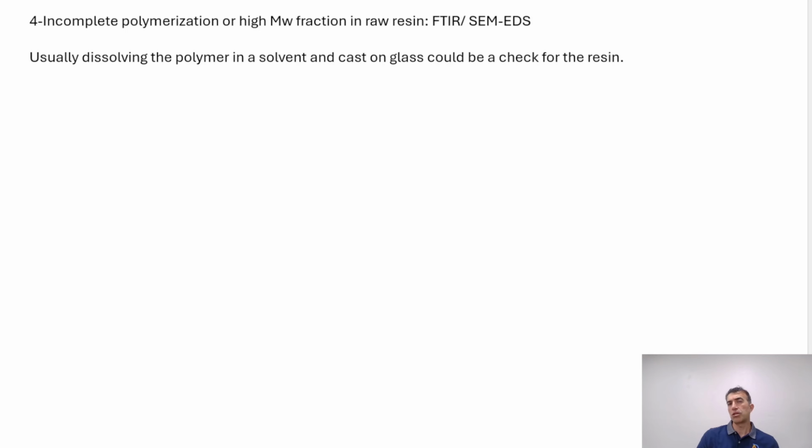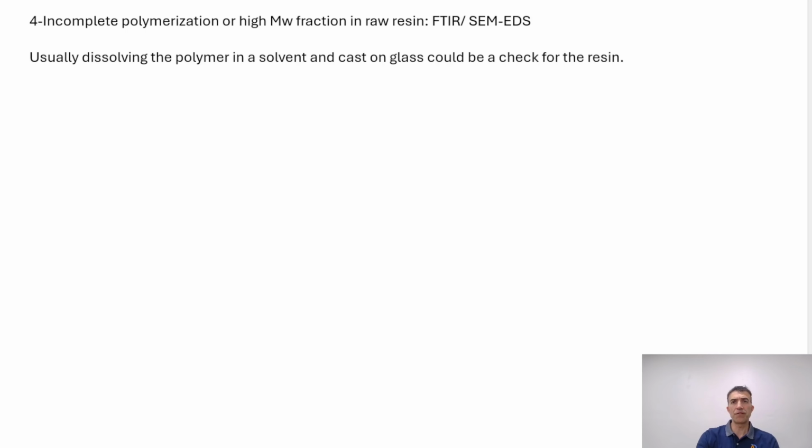The other method to do that is to dissolve the material in a solvent, for example either THF or DMF. THF is very volatile, so you can use DMF if you do not have a proper ventilation system, and then use a casting method to cast the solution on a glass plate and see if you have gel material.